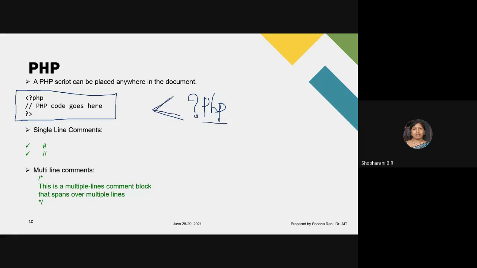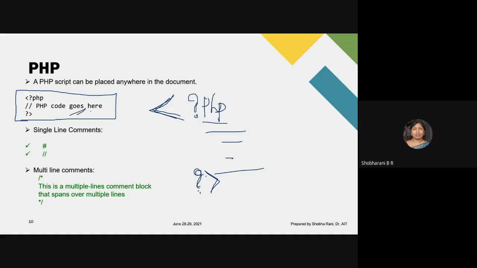You can keep on writing any number of lines of code, but end this PHP script with a question mark and a greater than symbol. As we have angular brackets for HTML, PHP also has angular brackets, but it should start and end with a question mark.